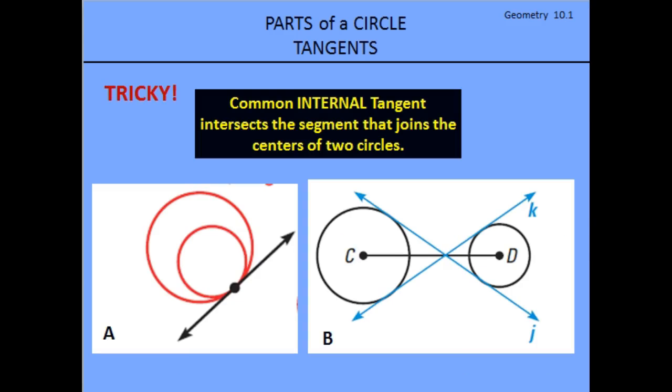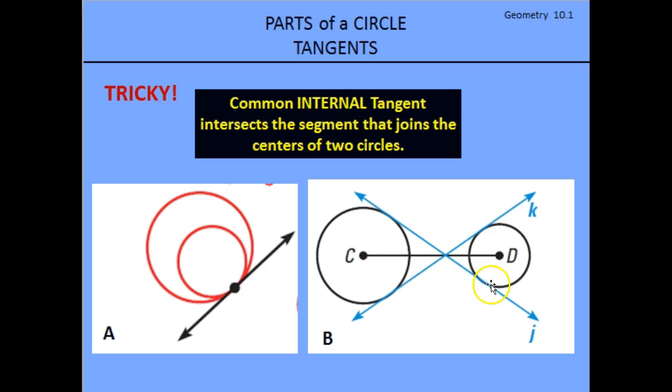Now this is the tricky part. If there is a common internal tangent, it intersects the segment that joins the centers of two circles. So this is really a little bit tricky. When you look at A, it's obvious that there is an internal tangent. One circle is inside the other.